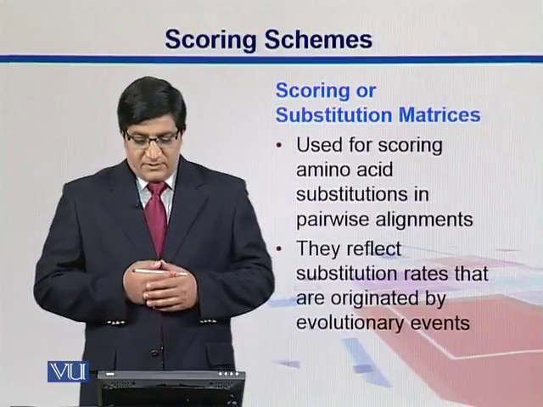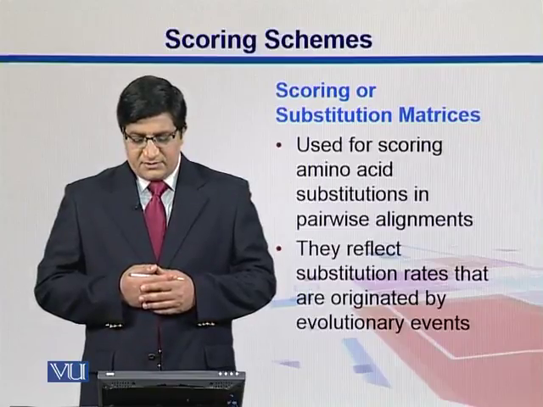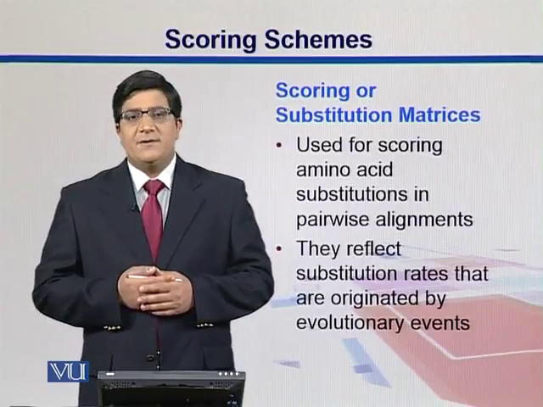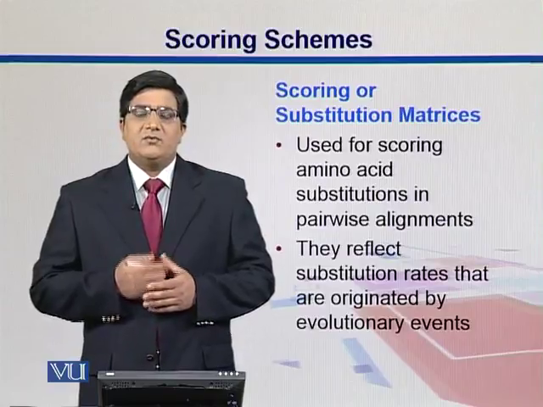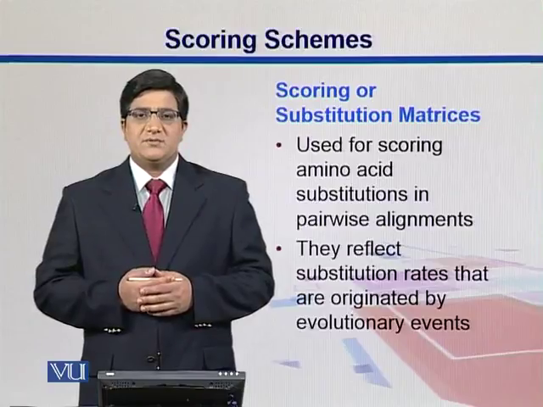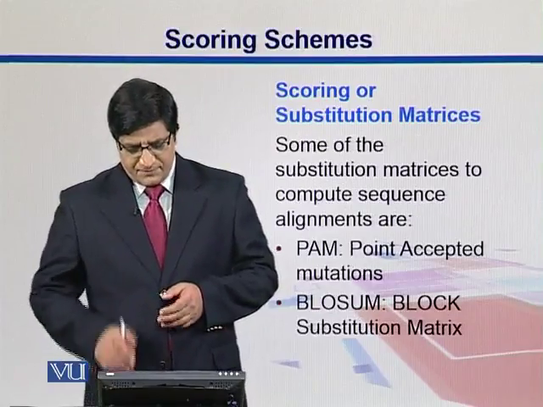We call them substitution matrices. They reflect substitution rates that originated from evolutionary events. They try to look into evolutionary relationships, and how often or how infrequently those substitutions occur. In this way these matrices are built.